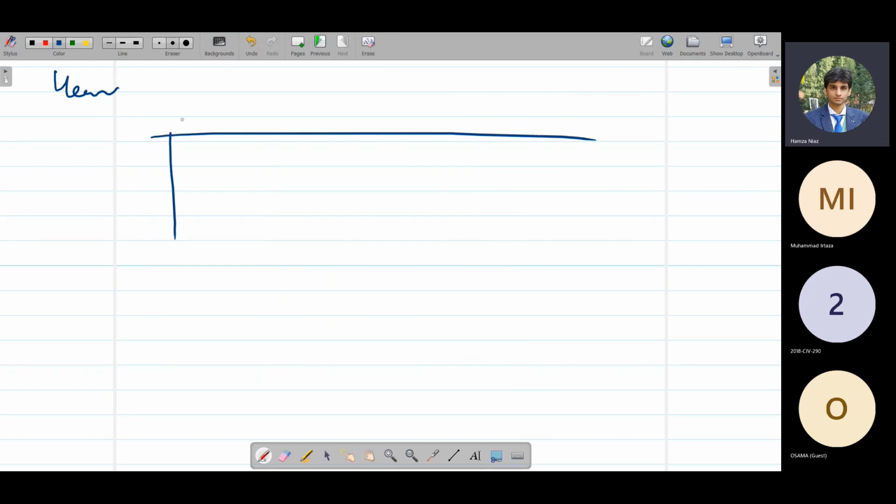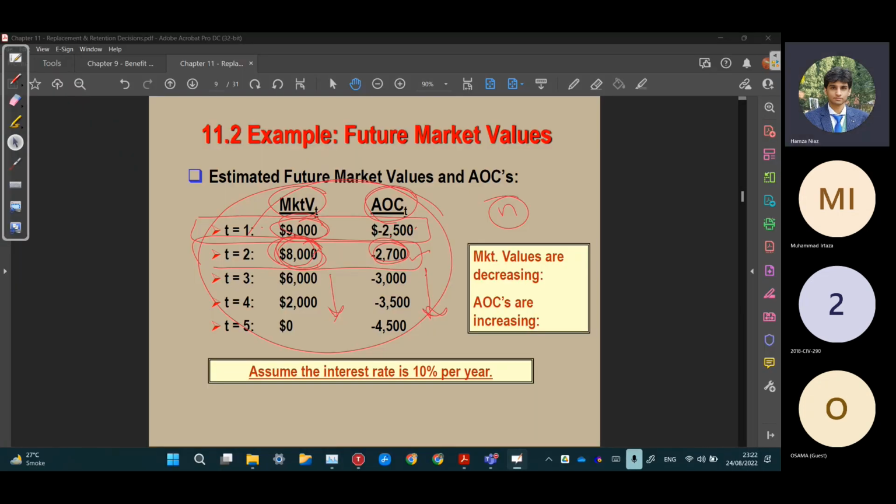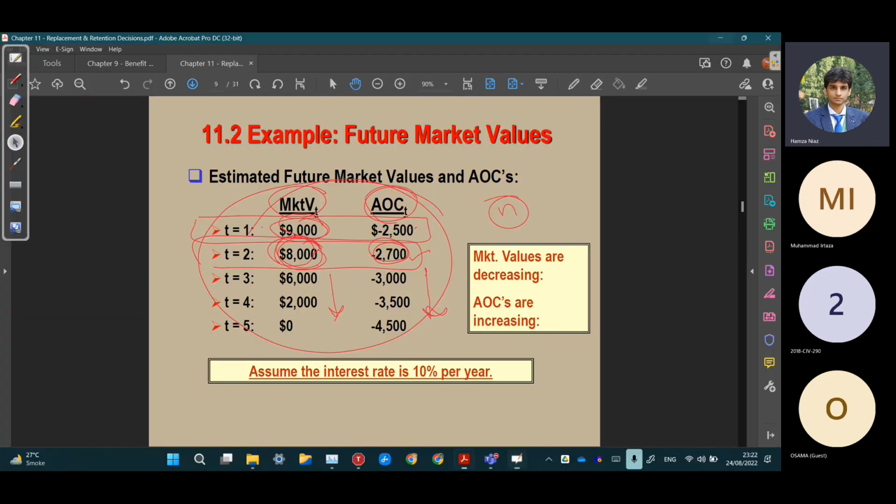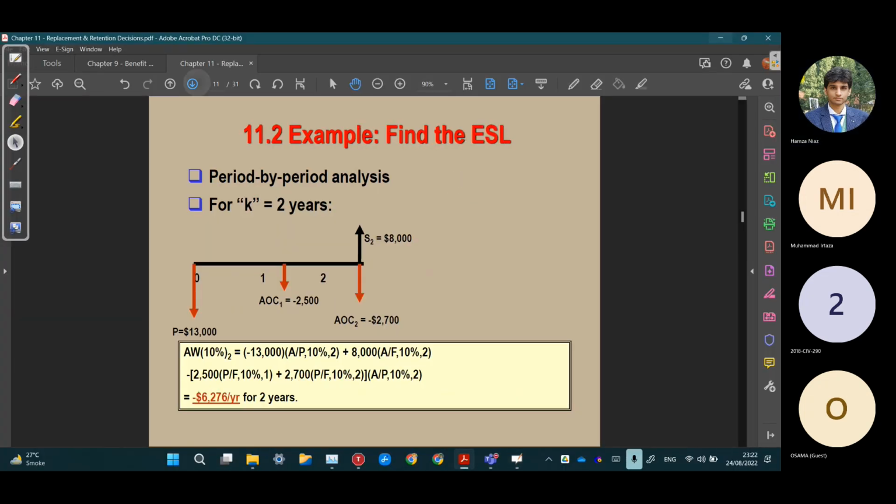For year 3, it would be 0, 1, 2, 3, 3,000 and 6,000. So 6,000 is the market value, 3,000 is the annual operating cost, and 13,000 is the first cost. So we can draw this diagram for year 3, again for year 4 and year 5.